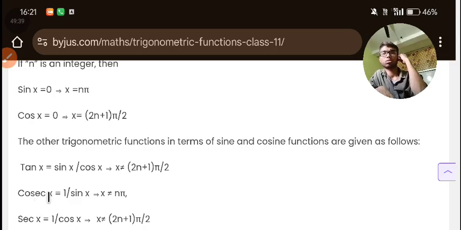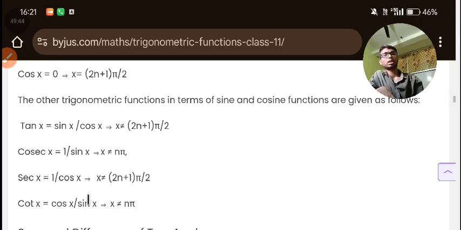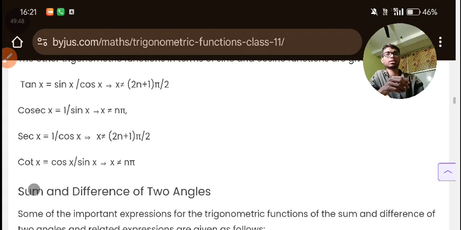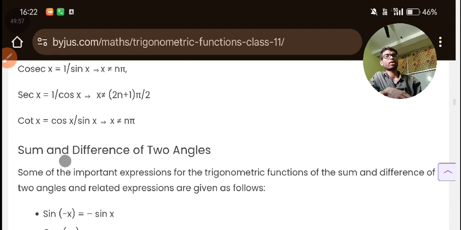Cosec x is equal to 1 upon sin x, sec x is equal to 1 upon cos x, cot x is equal to cos x upon sin x. We are already familiar with this.